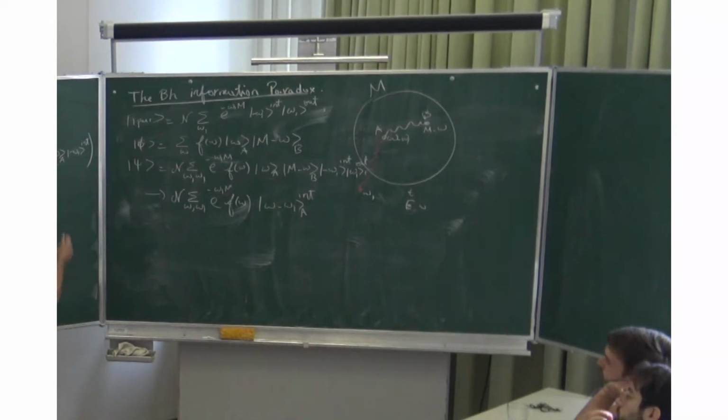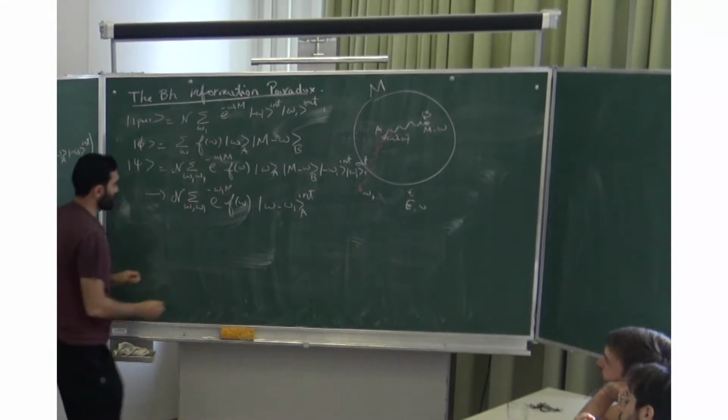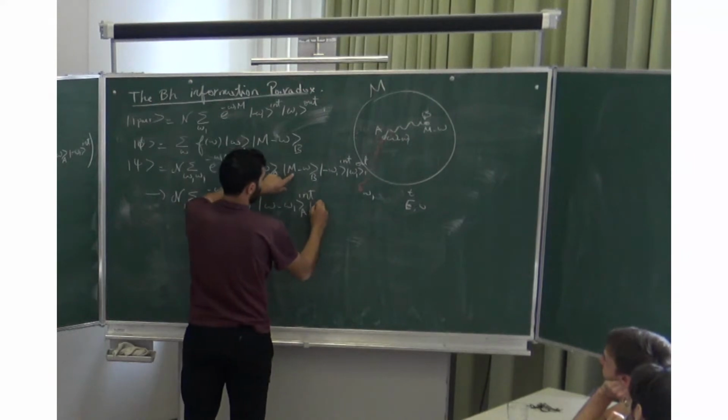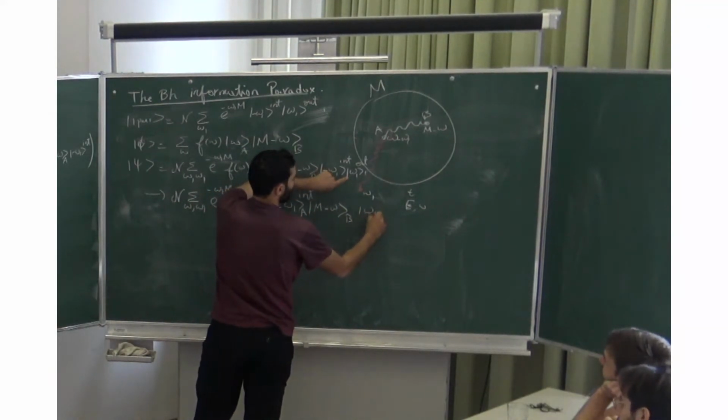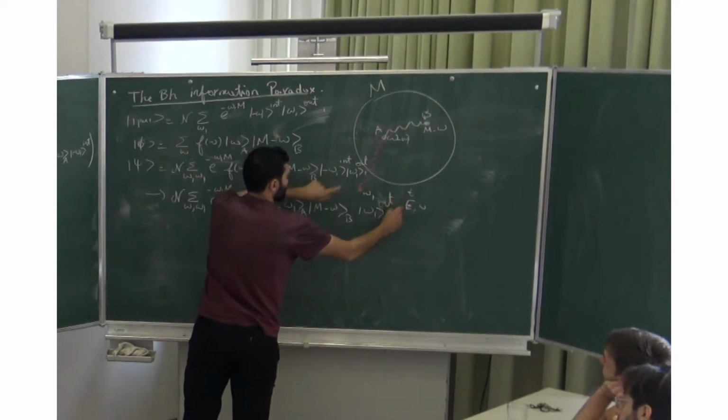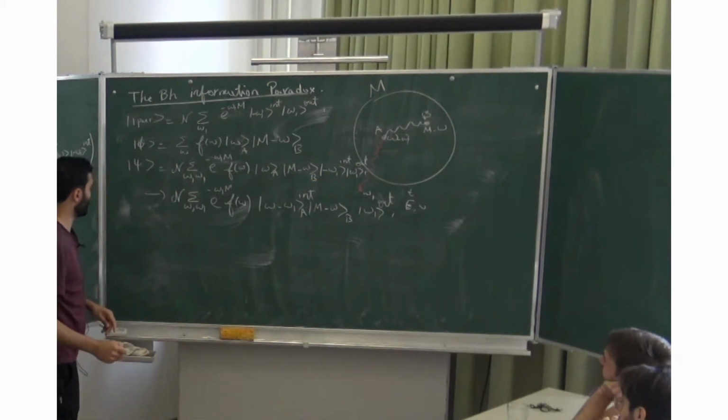The total energy of this I know is omega minus omega 1. Now we still have this M minus omega B, and we still have this omega 1 out. Please feel free to stop me at any moment.